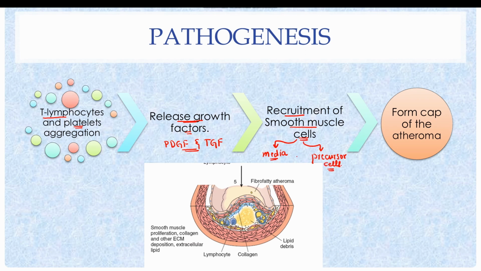These smooth muscle cells form a layer beneath the endothelium, and moreover they also secrete extracellular matrix, hence forming a cap of smooth muscle cells and connective tissues. This cap is also known as fibrotic cap. Hence a complete atheromatous plaque is formed, which is typically composed of a fibrotic cap, a lipid core, foam cells, macrophages and lymphocytes.